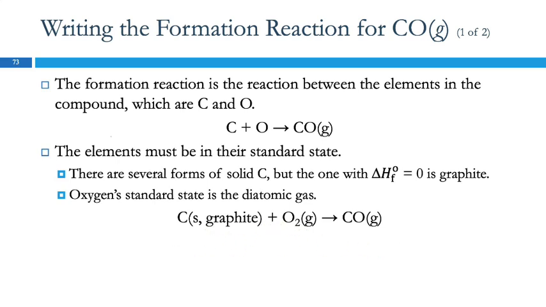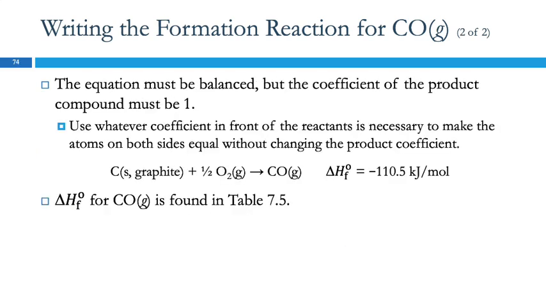Is this a balanced chemical reaction? No, it isn't. But when we balance this, we cannot put a coefficient on the product. That's what's kind of different. So the equation has to be balanced, but the coefficient has to be 1.